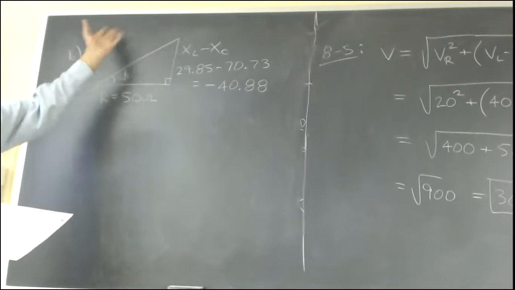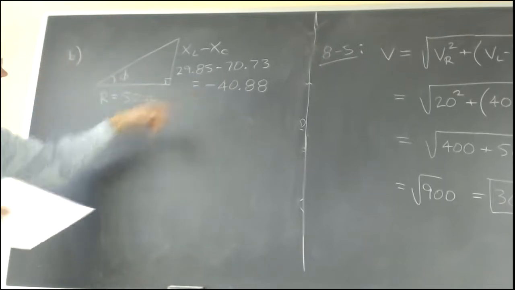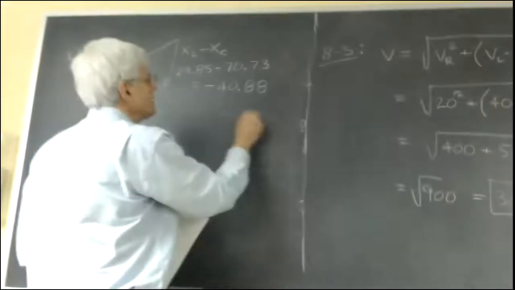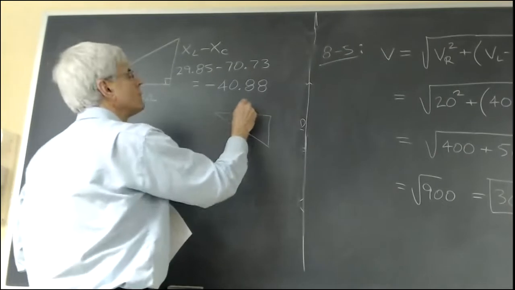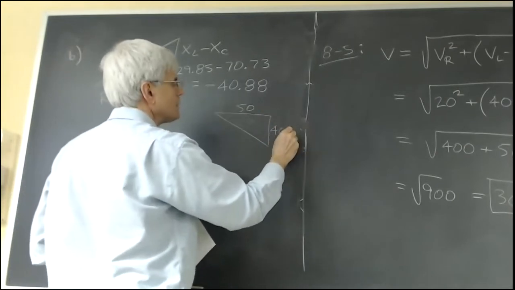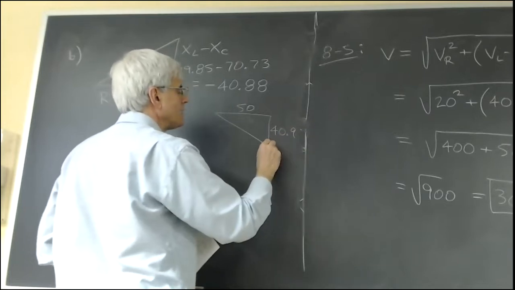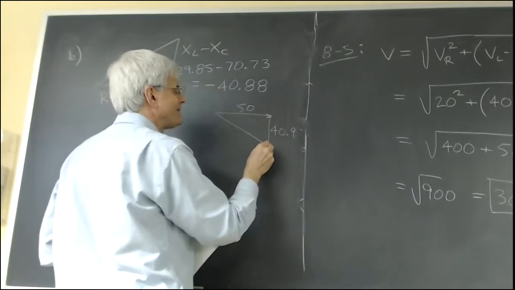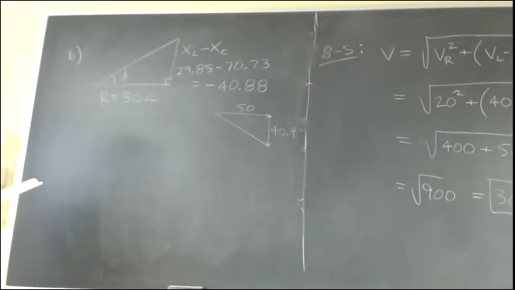I just started out by drawing sort of a generic triangle, but now that I see that's negative, that tells me it actually looks like this. You've got 50 here and about 40.88 pointing downward. Okay, it's going to be a negative phase angle.